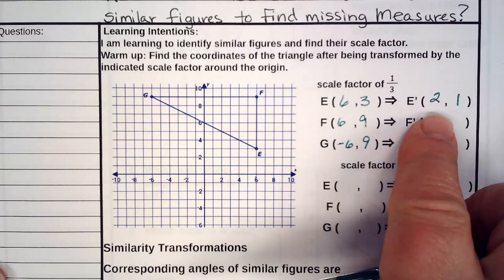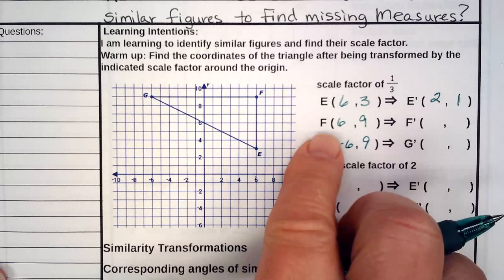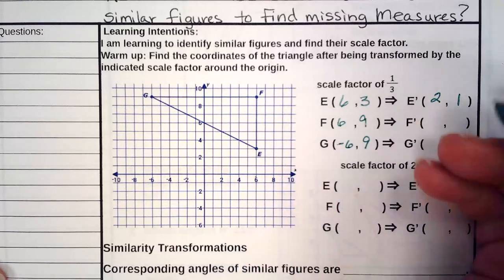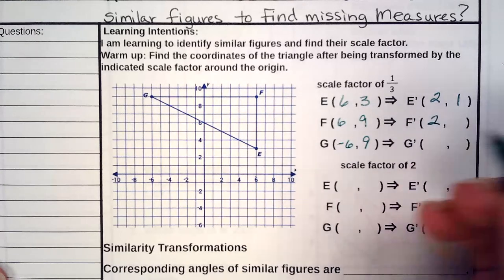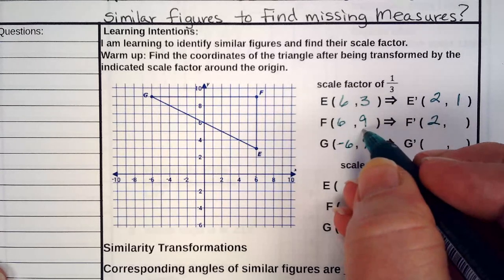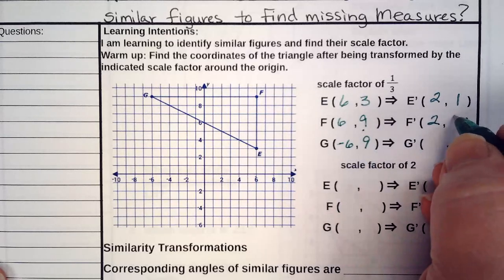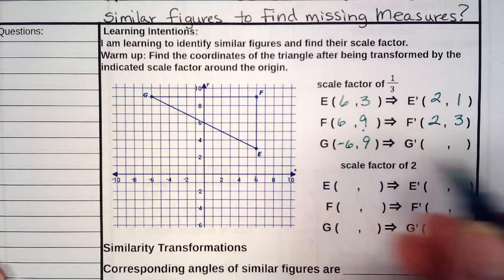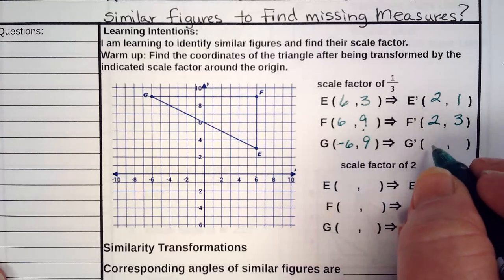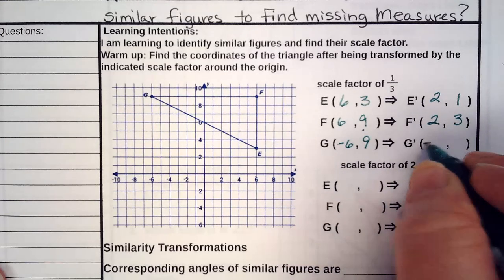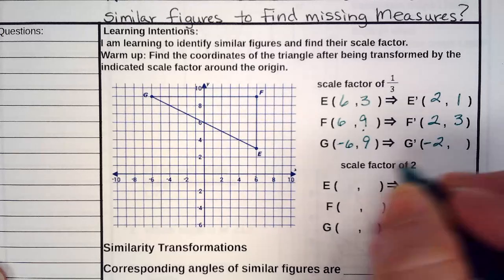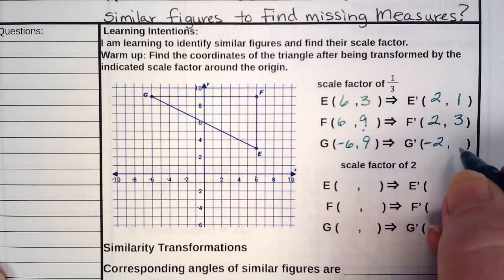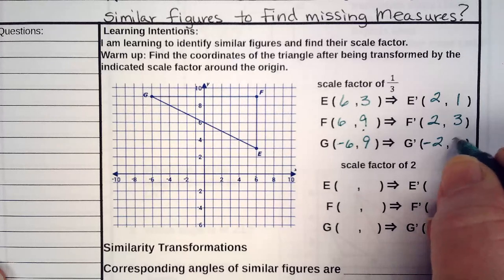So that becomes the point (2, 1). 6 times 1/3, 6 divided by 3 is 2. 9 times 1/3, 9 divided by 3 is 3. -6 times 1/3 is -2. 9 times 1/3 is 3.